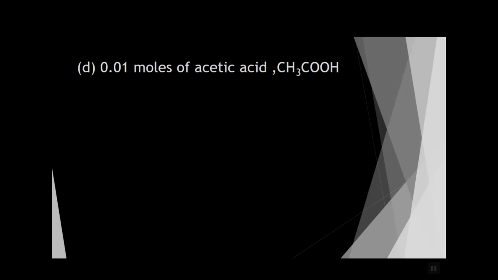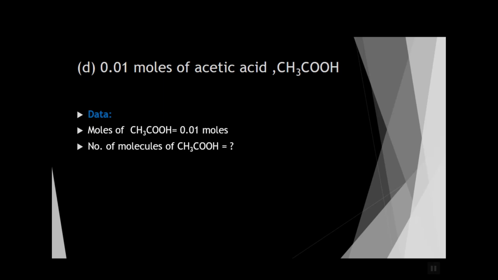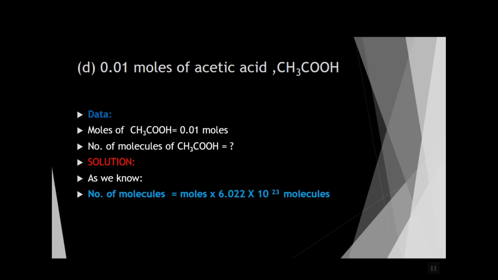Understood? Now part D, 0.01 moles of acetic acid. CH3COOH is the molecular formula of acetic acid. Now our data is moles of acetic acid is equal to 0.01 moles, and number of molecules of acetic acid we don't know. So solution: as we know, just apply the formula. Number of molecules is equal to moles times Avogadro's number. So put the values.